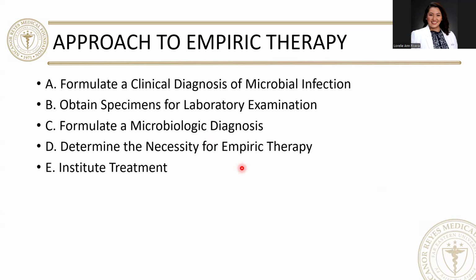Since the patient is already tachypneic and tachycardic, you really need to start an antibiotic already. And then finally, you have to institute your treatment. So you have to choose the recommended or most commonly used antibiotics for pneumonia. That is basically how you should think when you are going to start your empiric therapy.